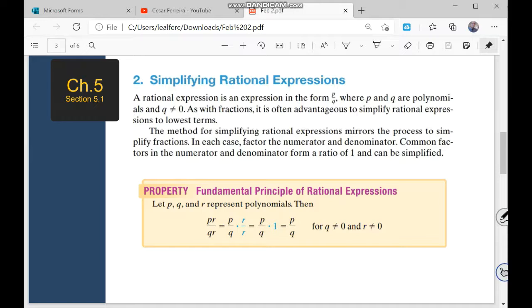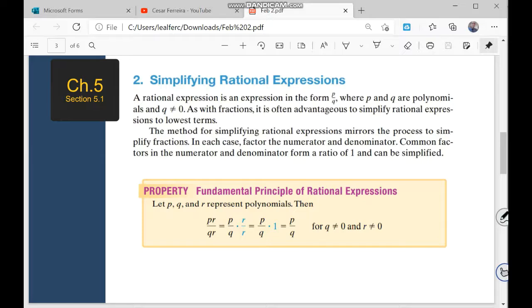Today we will work on simplifying rational expressions. Sometimes you are kind of scared or annoyed, or you don't like to work with fractions, right? I know that sometimes a few students complain they hate fractions, they don't like fractions.